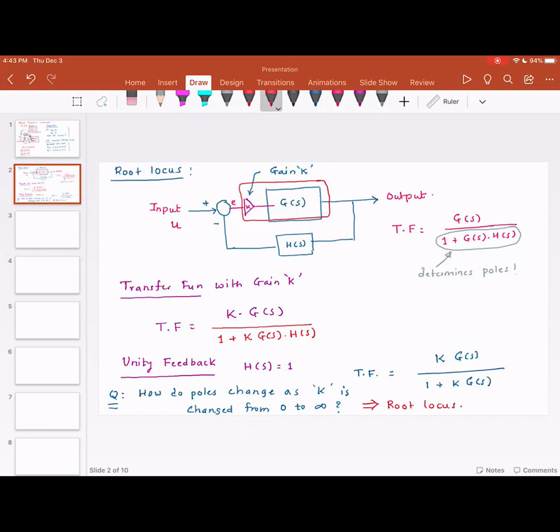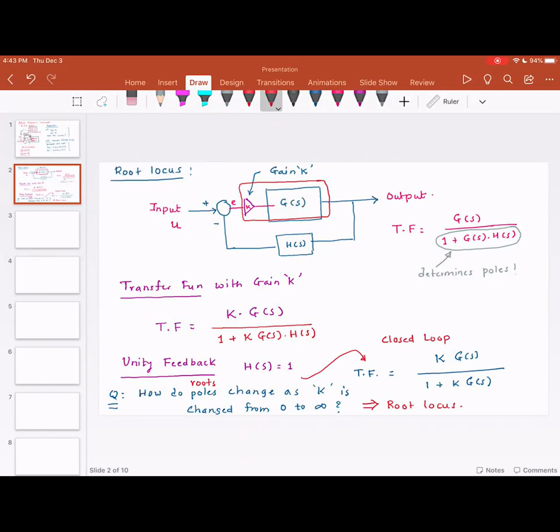So root locus means how do the roots change, or how do the poles of the closed loop transfer function change? And please note, this is the closed loop transfer function.